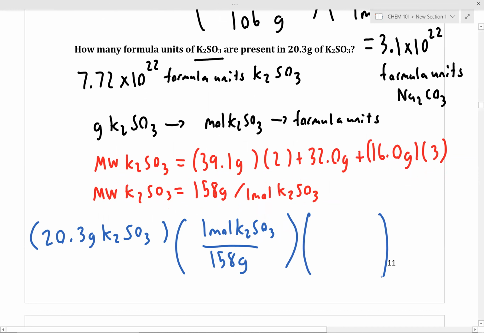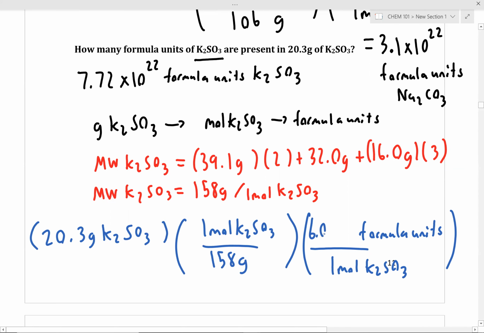And then finally, if we want to calculate formula units, how many formula units are present in 1 mole of potassium sulfite? What number do we use to count particles? Avogadro's number, which is 6.02 times 10 to the 23rd. Does that make sense? You only use Avogadro's number when you're dealing with particles.